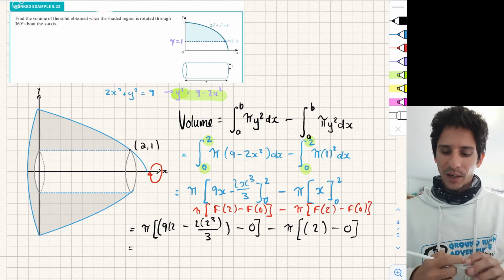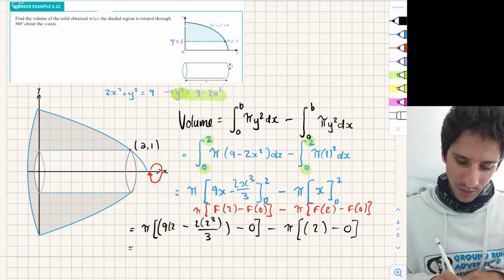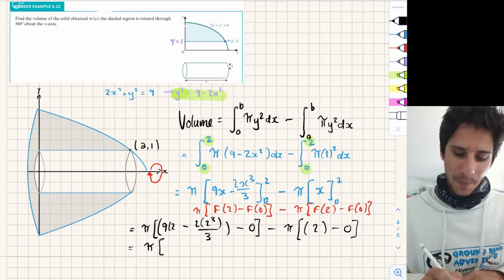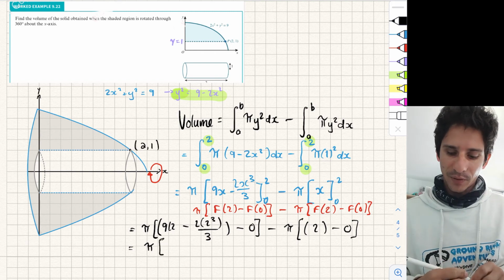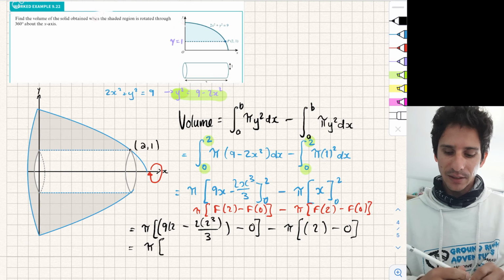We have pi in both of them, so combining them together, we're going to have pi. In the first bracket, we have 9 times 2, which is 18, take away 16 over 3.